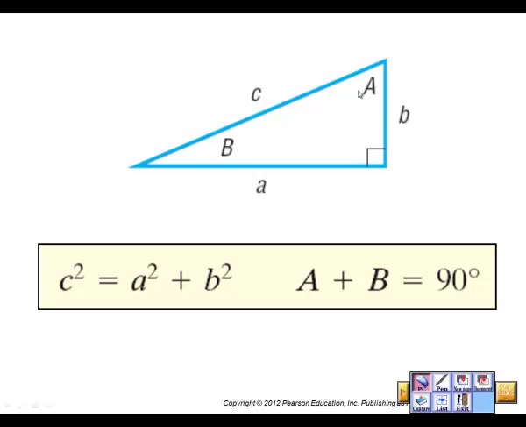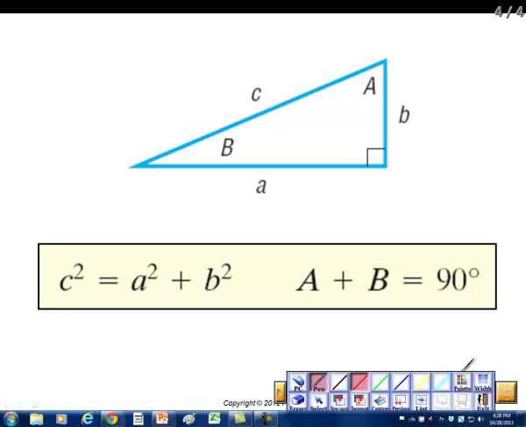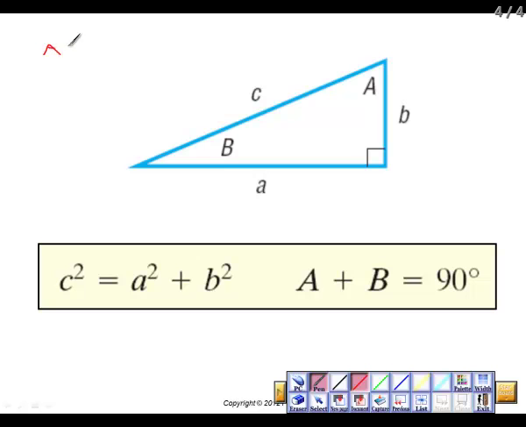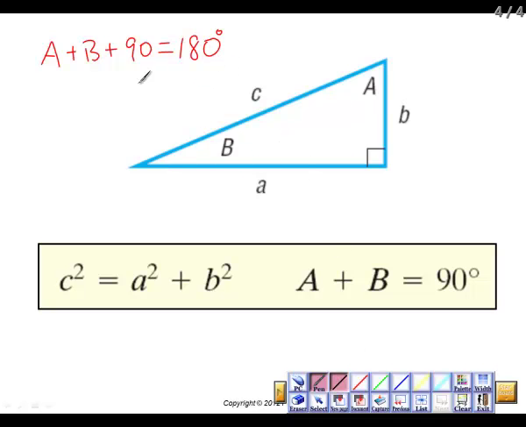So angle A plus angle B plus angle C, which is 90, add up to 180 degrees. If we subtract 90 from both sides, then we get angle A plus angle B equals 90 degrees, and so we can just use that in solving for our right triangle.